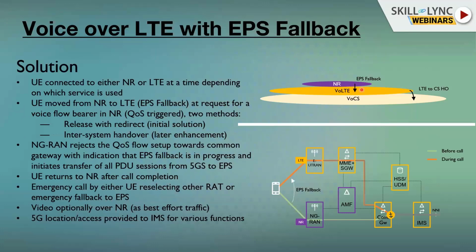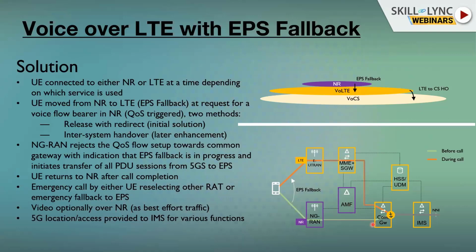This is the total solutioning structure for EPS fallback, where you have the next generation RAN, you have the UTRAN, and then your 4G core and the 5G core. The 5G core is here AMF, access management function, and the 4G core is MME. Both are being connected through a common gateway.